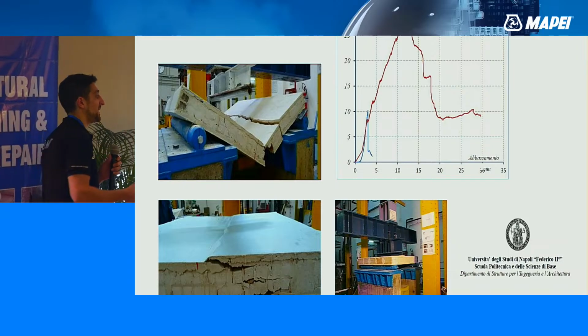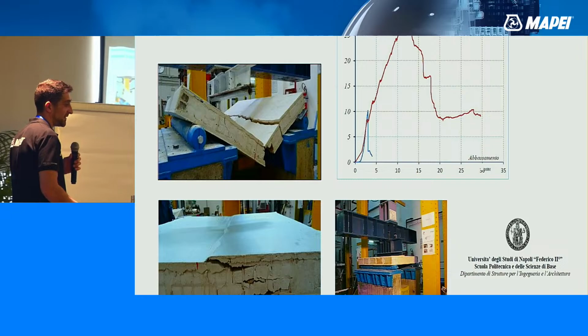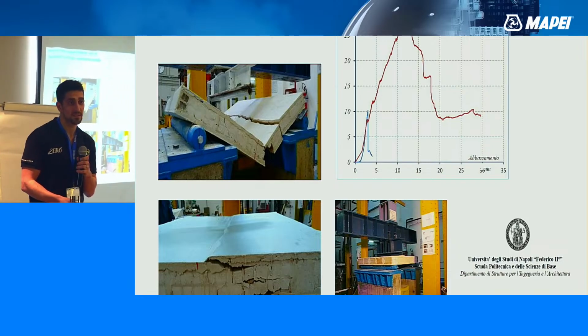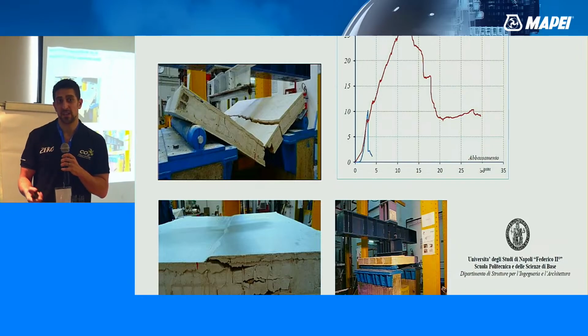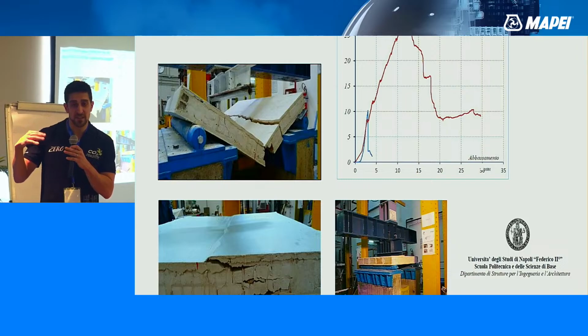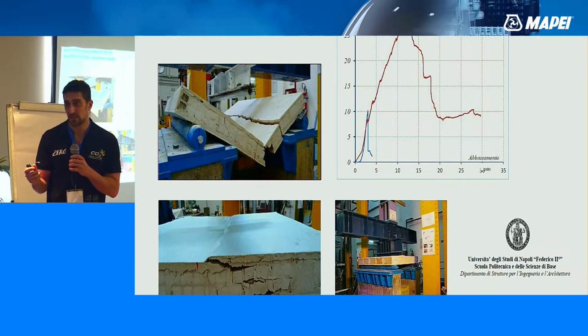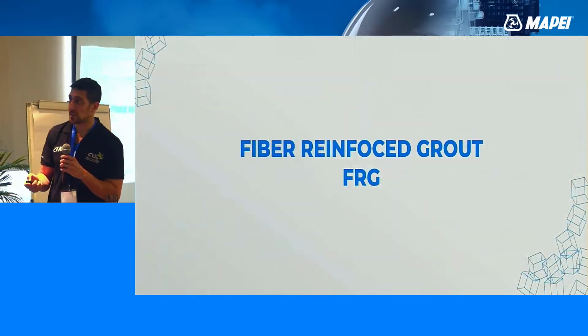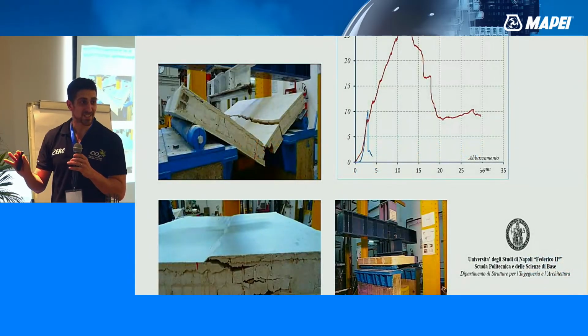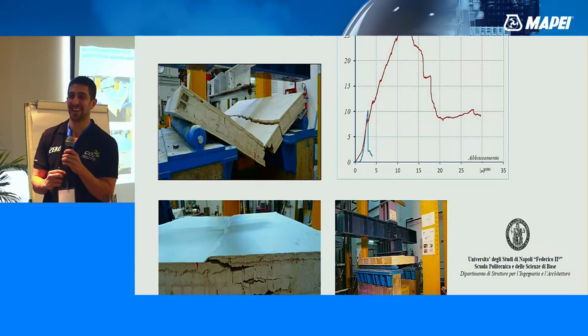Imagine if you also need to guarantee evacuation. In this case, the elements are broken, but you have time to go out from the building. And that's it. Okay, we are done.